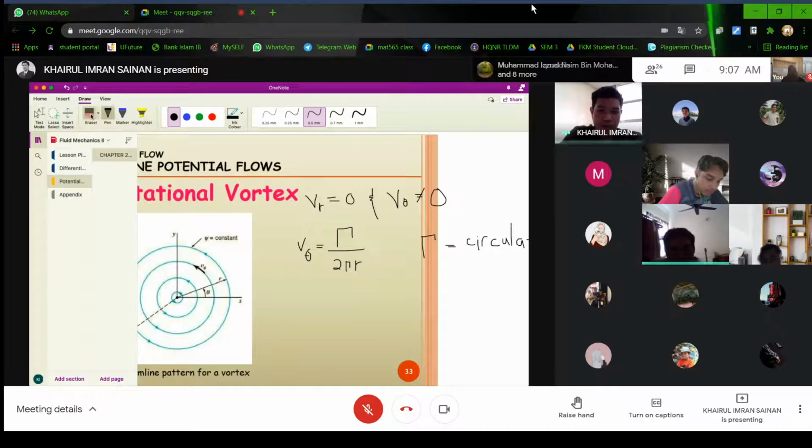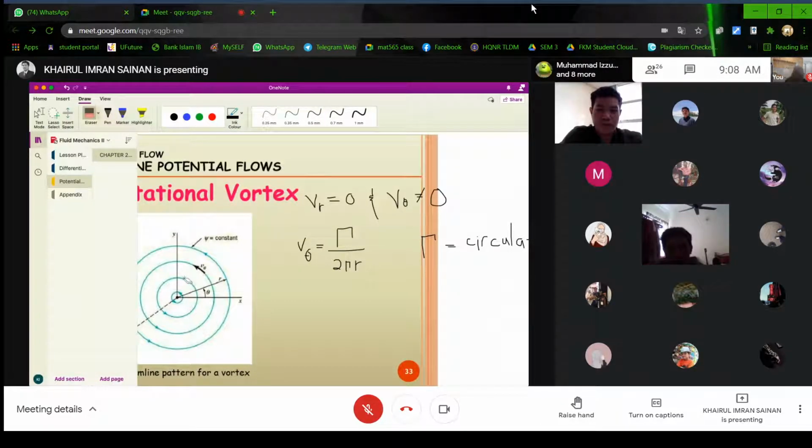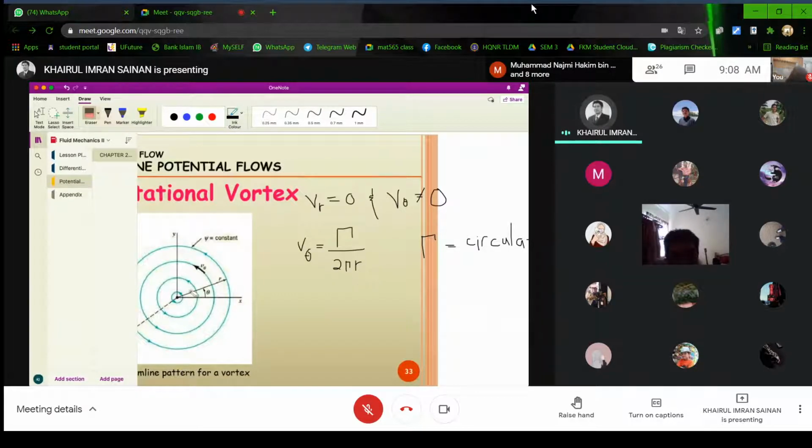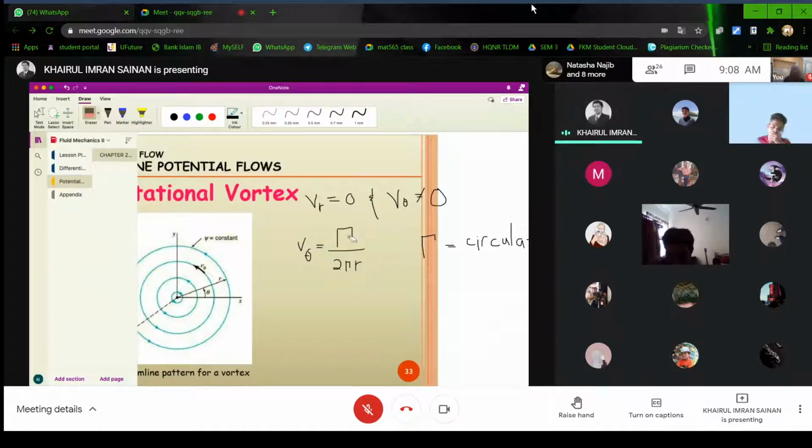Right. So for V theta 1, this is the distance of R. For V theta 2, this is the distance of R2. Okay. So the one that controls the magnitude of V theta is kappa, circulation.